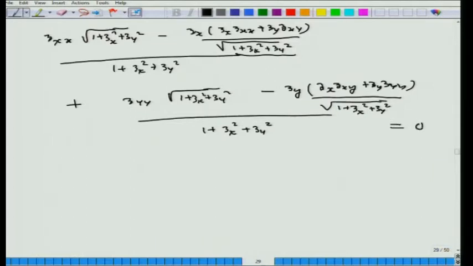This is equal to 0. Simplifying this, we get the above equation.